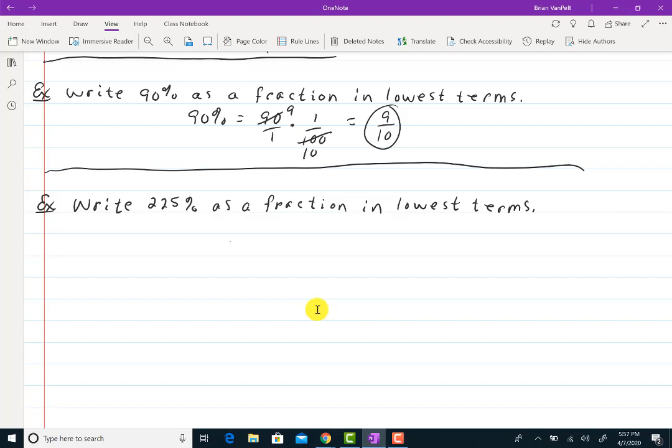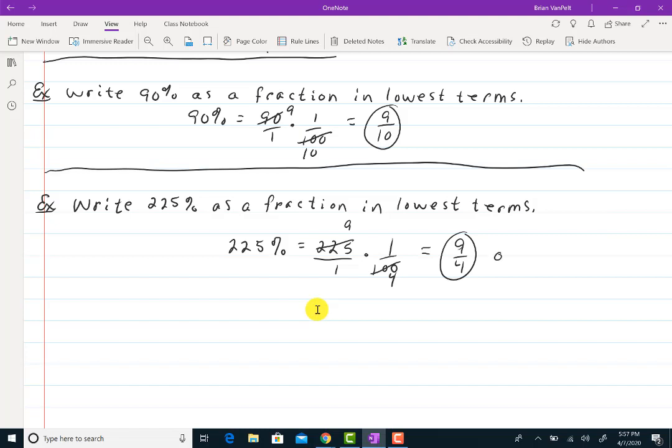So I'll do the same thing I did. 225% is the same as 225 over 1 times 1 over 100. And now I can start canceling out stuff. I noticed that if you divide 100 by 25, I'll be left with 4. And if I divide 225 by 25, I'll be left with 9. So I'll get 9/4.